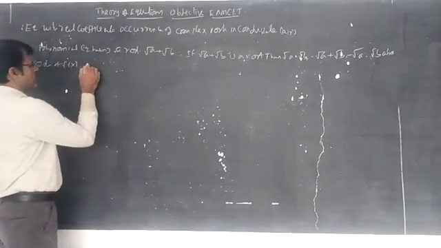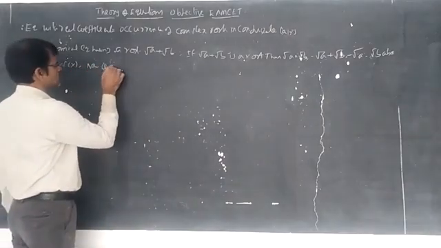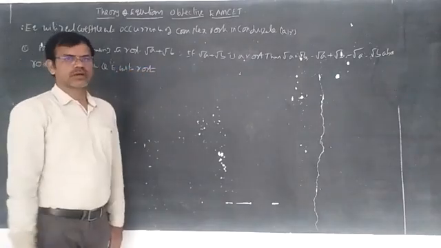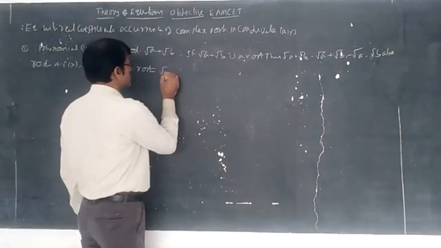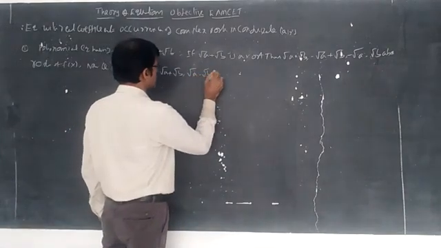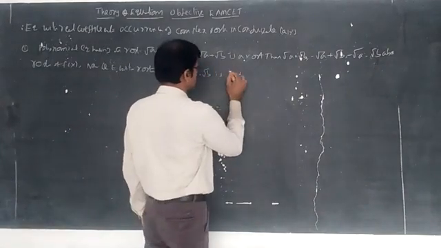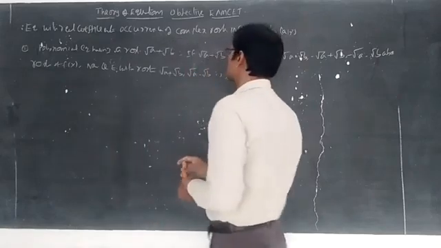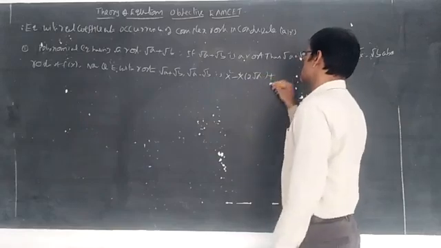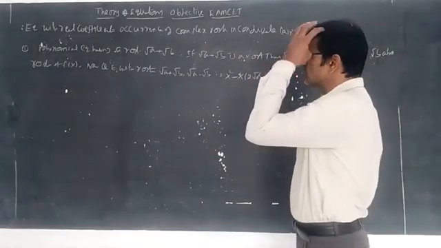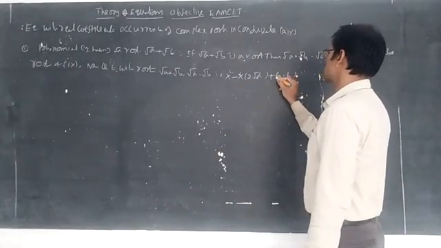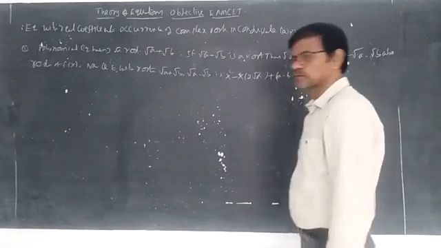Now we can prepare a quadratic equation, QE, with roots root a plus root b, root a minus root b: x square minus x into the sum of roots. Sum of roots means here 2 root a, plus the product of roots. Root a plus root b into root a minus root b becomes a minus b, by the concept a minus b whole square. Put it as 1.